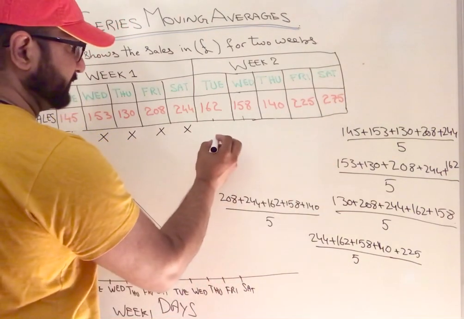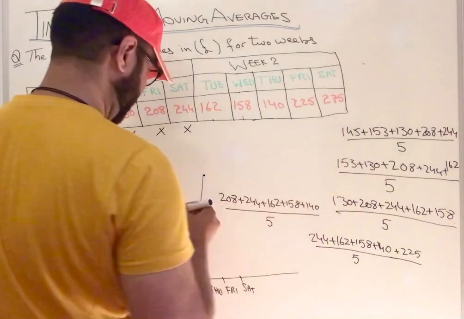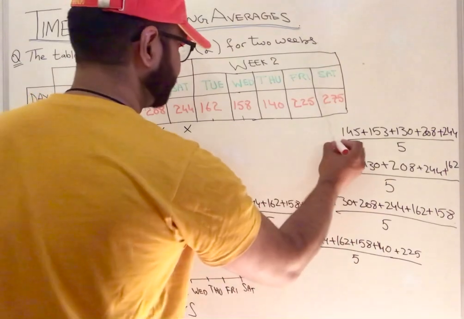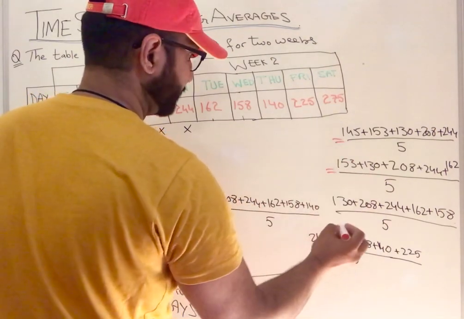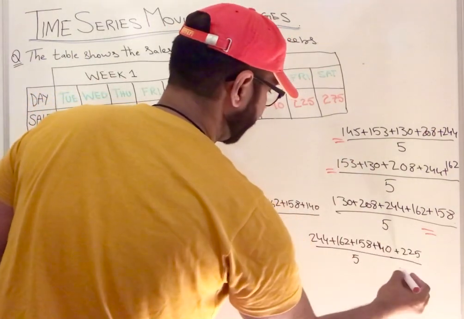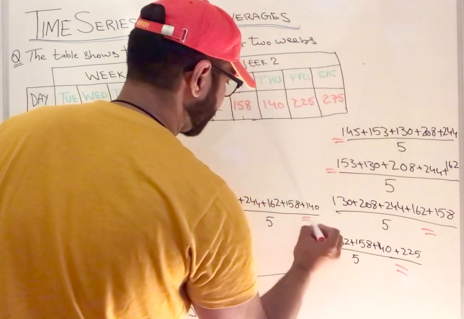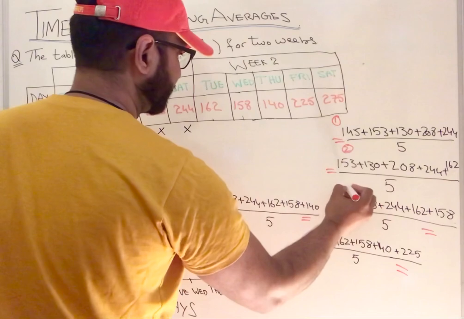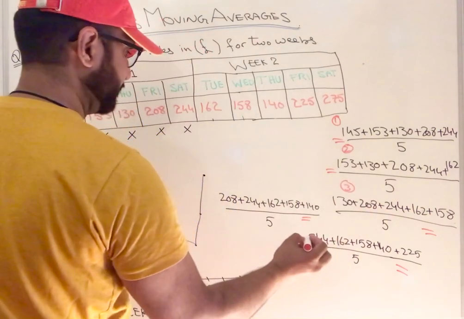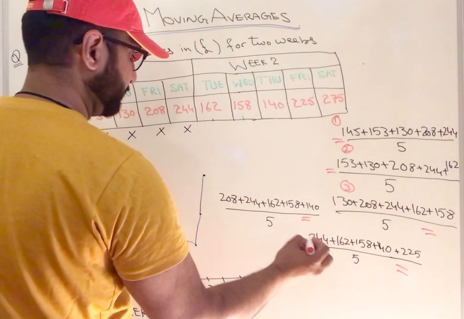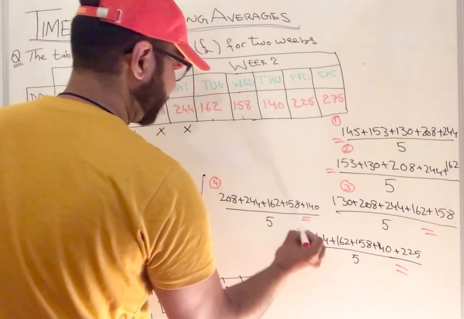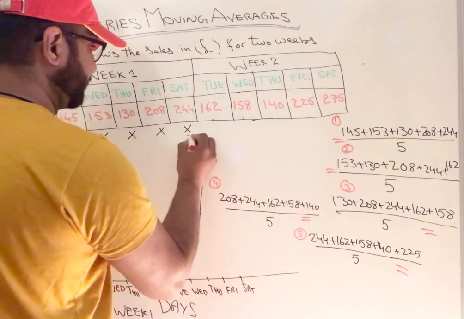We need to add these values. We can write here: this is our first, second, third, fourth, fifth, and that's sixth we can write here.